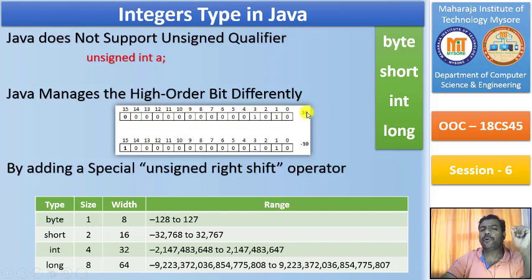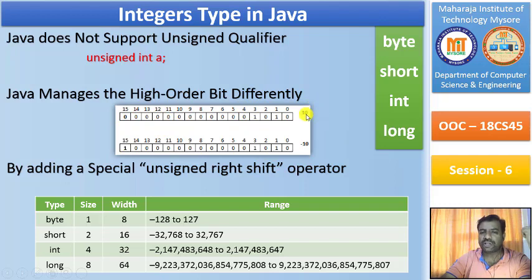Whenever you talk about 2 bytes, 2 bytes is 16 bits, and starting from 0 to 15 there are 16 bits. If 0 is the lower order bit, 15 becomes the higher order bit. Depending upon this higher bit, we will say it is a positive number or a negative number.